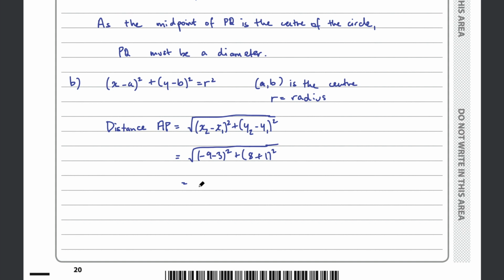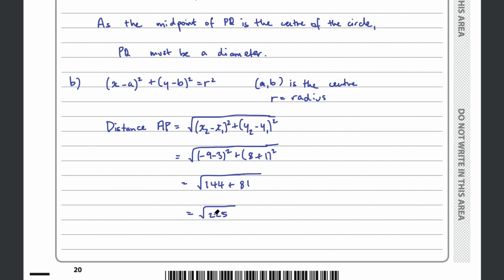Then this is going to be the square root of -9 take 3 is 12 squared, that's 144, plus 8 plus 1 is 9 squared, that's 81. This is the square root of 225, which is 15, but we don't really need to write that because we want r squared.